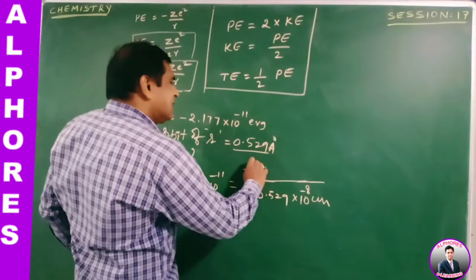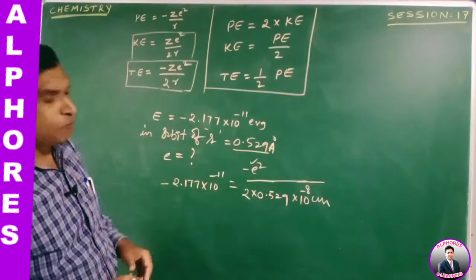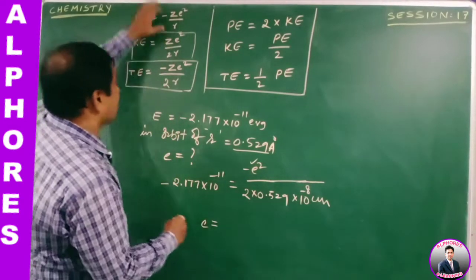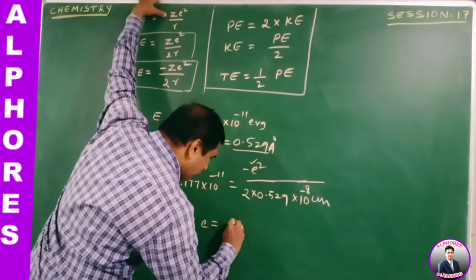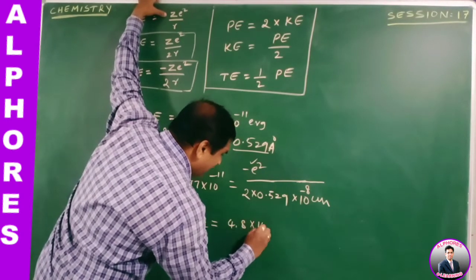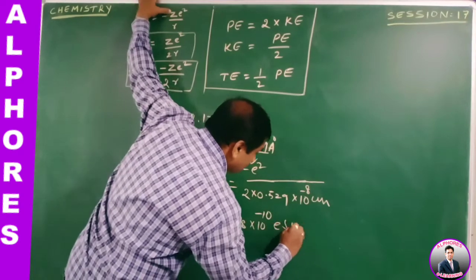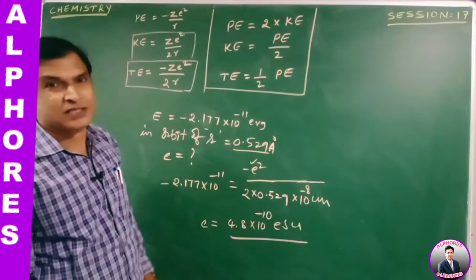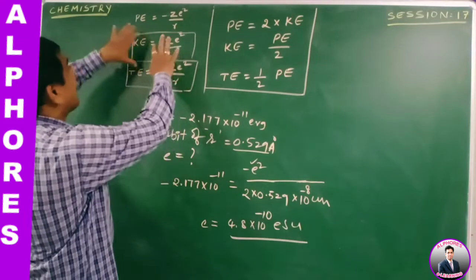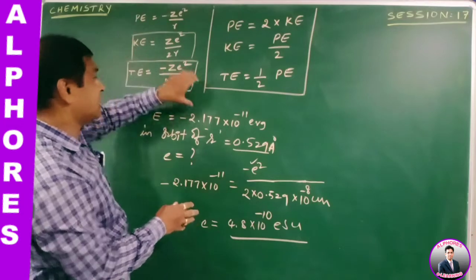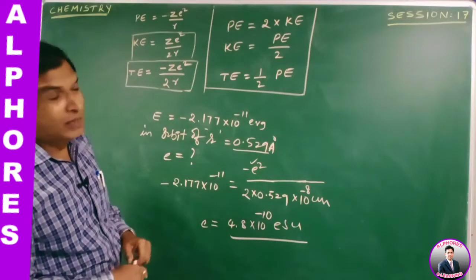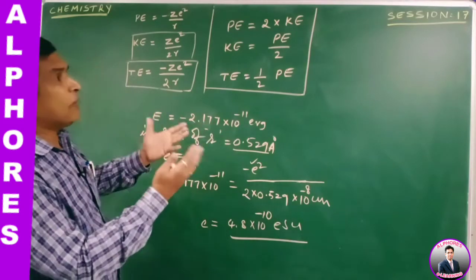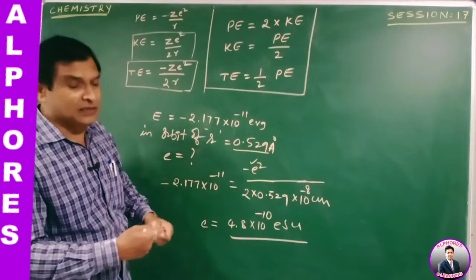Now we have to calculate E square, and from that E. E can be calculated as 4.8 into 10 to the power minus 10 ESU, electrostatic units. So we can also calculate kinetic energy, potential energy and total energy of the electron like this. For different concepts we make different formulas, but the basic fundamental concepts we should be clear in.